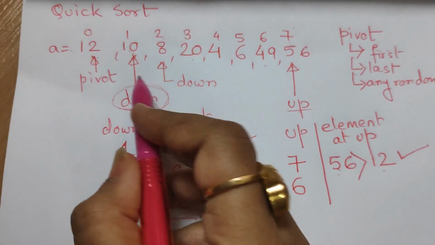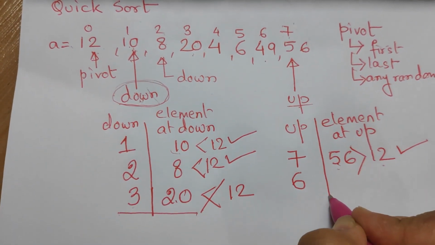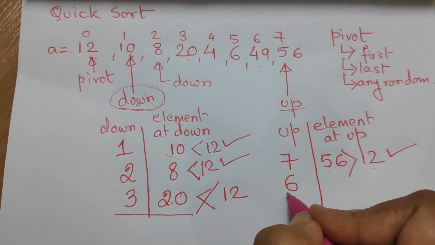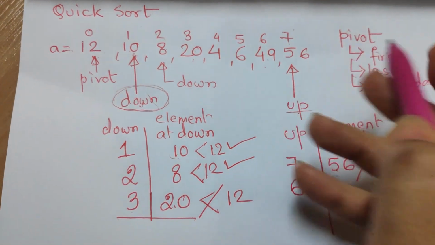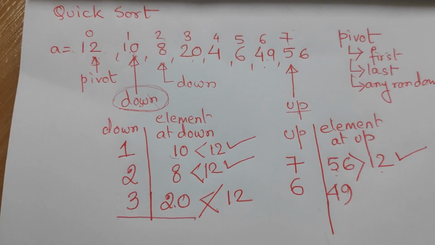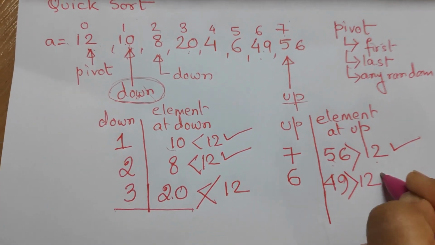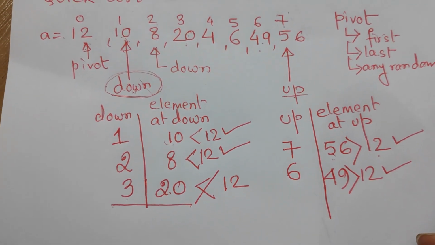You see, the down index was increasing, the up index is decreasing. At index 6 we get the number 49. So we will check whether 49 is greater than 12. It is greater than 12, correct?